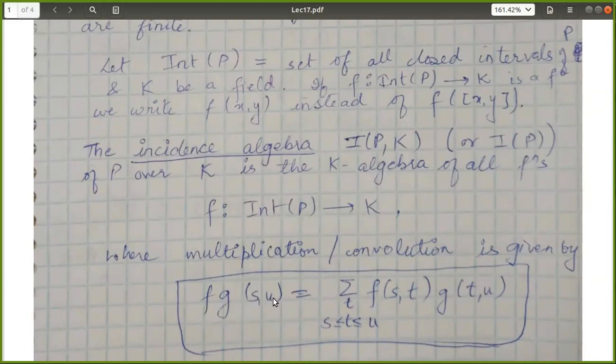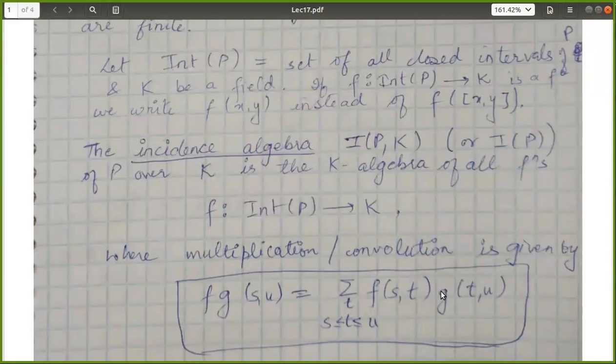On an interval, how do they act? They take the convolution, which means you take an intermediate element and then you take the product of those two. So f(s,t) is an element in K, g(t,u) is an element in K, so this product is taking place in the field K. You take the product of all these pairs where t runs over the interval [s,u], and then you add them up.